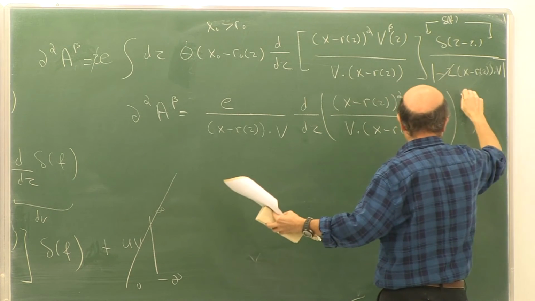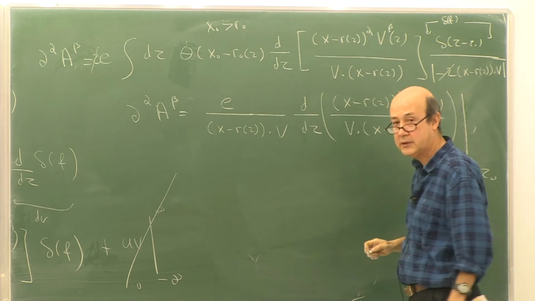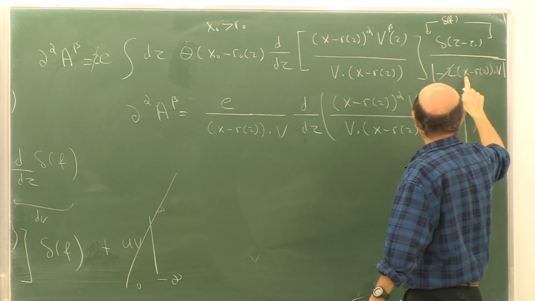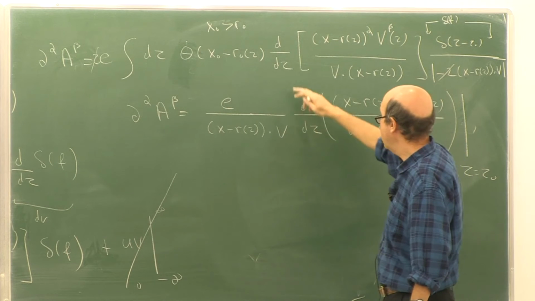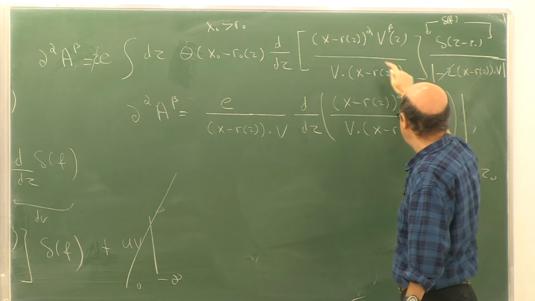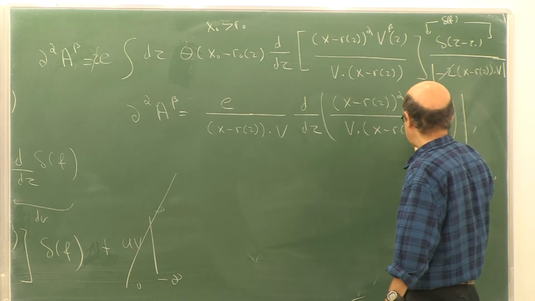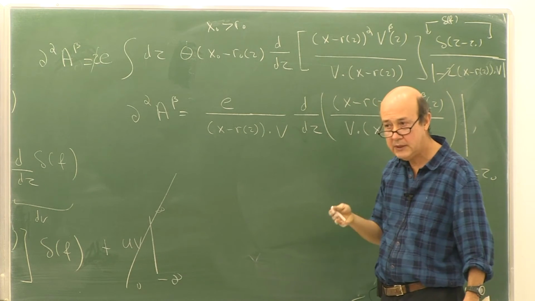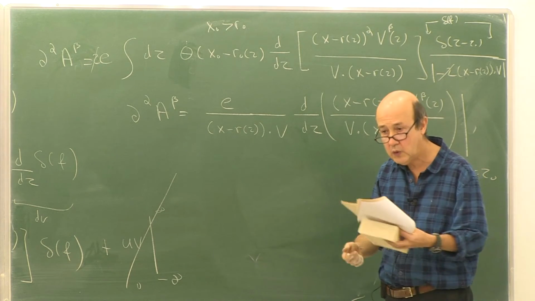All of the stuff has to be evaluated at τ = τ0 because we have the delta function. So e is there, v·(x − r(τ)) in here, that's the scalar product, and d over dτ of (x − r)^α v^β divided by v·(x − r), all of them evaluated at τ = τ0, meaning at the retarded time, which satisfies the light cone condition.